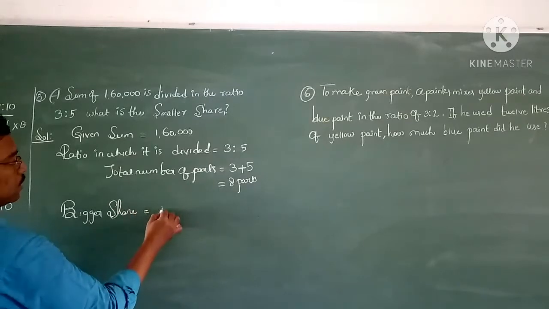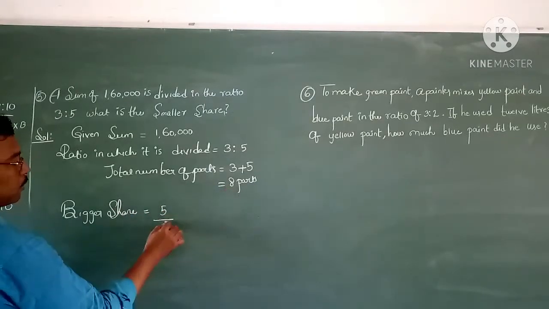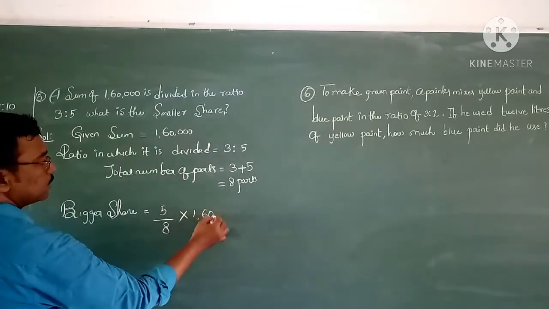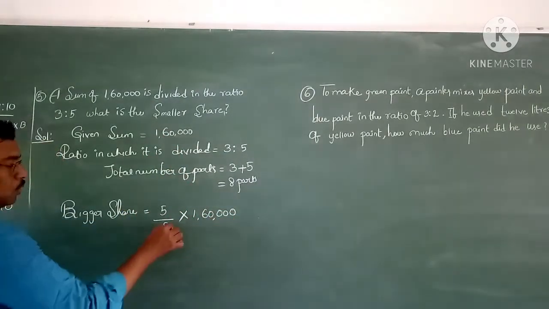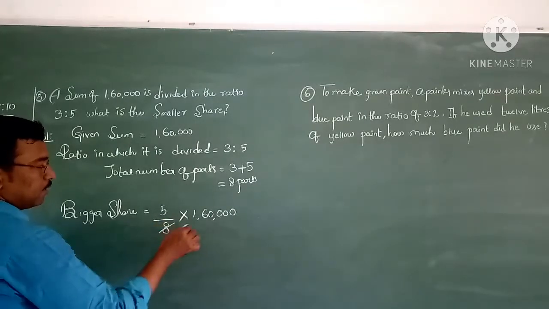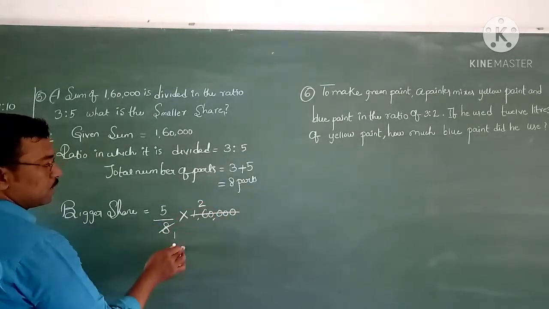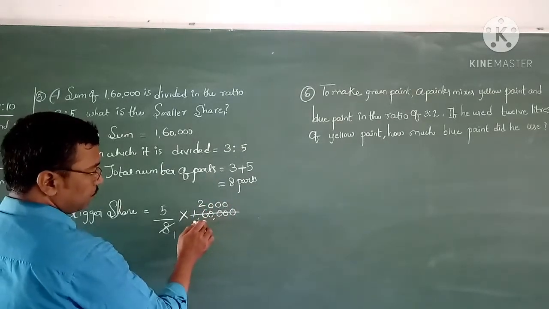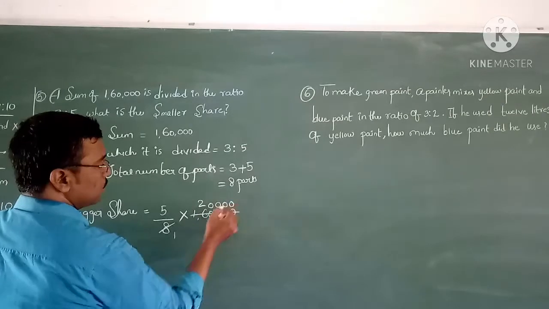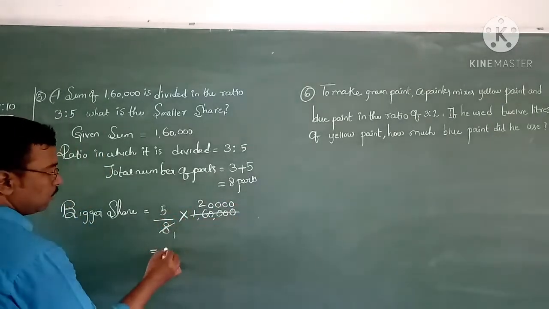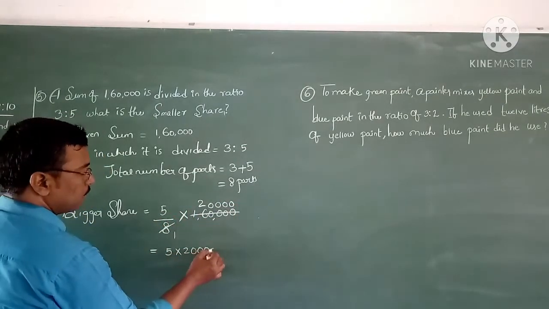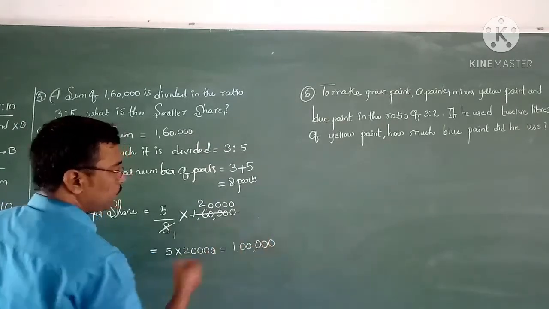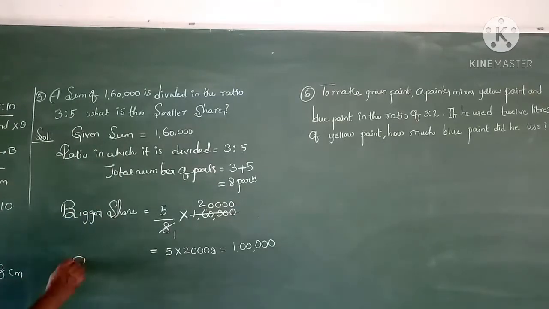Bigger share is equal to 5 by the total number of parts 8, into the amount 1,60,000 rupees. I am calculating with 8. 8 ones are 8, 8 twos are 16, remaining zeros. So 5 into 20,000 is nothing but 1 lakh. Now the smaller share.